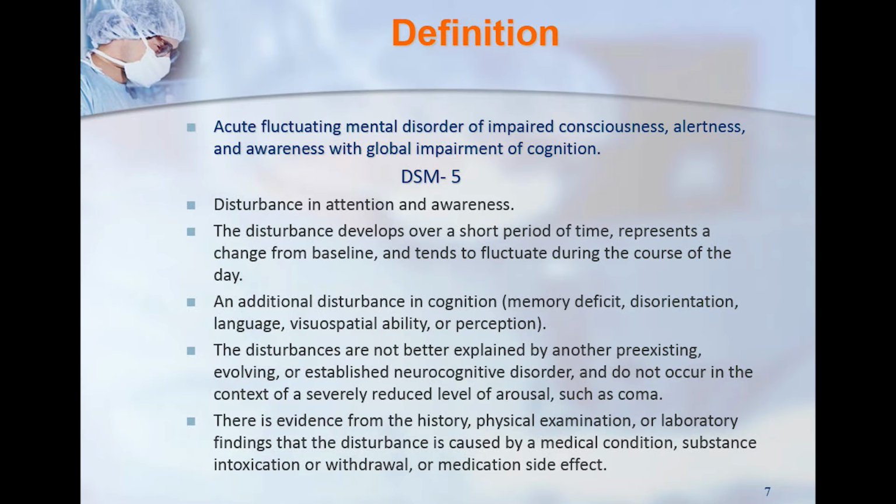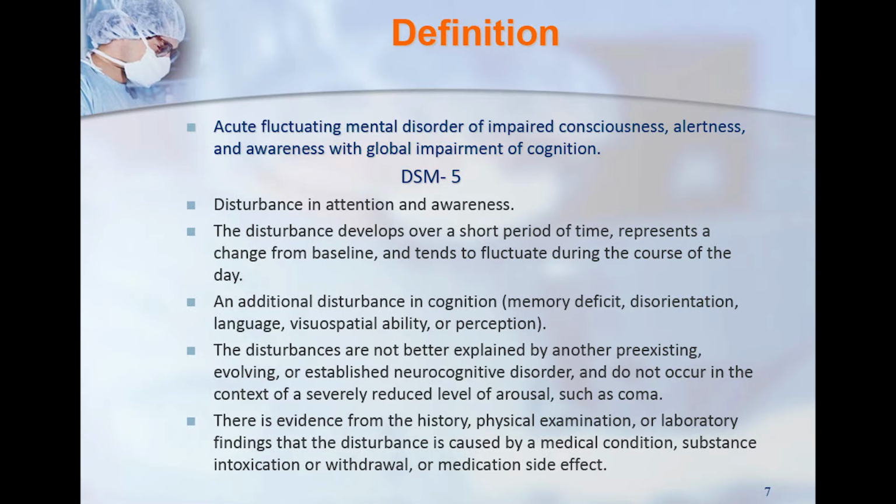Dementia patients can follow you and pay full attention. Delirium, like a 35-year-old engineer with COVID infection, they cannot pay attention. They keep shifting the subject. They have a very short attention span. The attention and awareness disturbance.